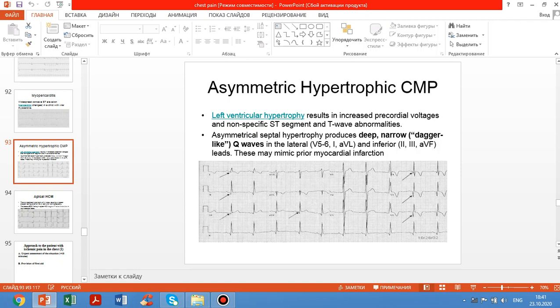Asymmetrical septal hypertrophy produces deep, narrow, dagger-like Q waves in the lateral leads V5, V6, the first, AVL and inferior, the second, third, AVF leads. This may mimic prior myocardial infarction. Like you see these deep Q waves in these leads.